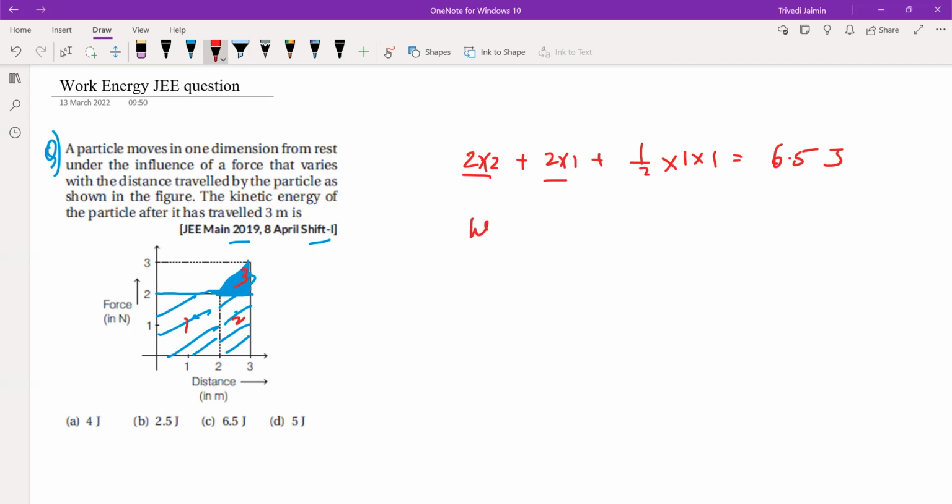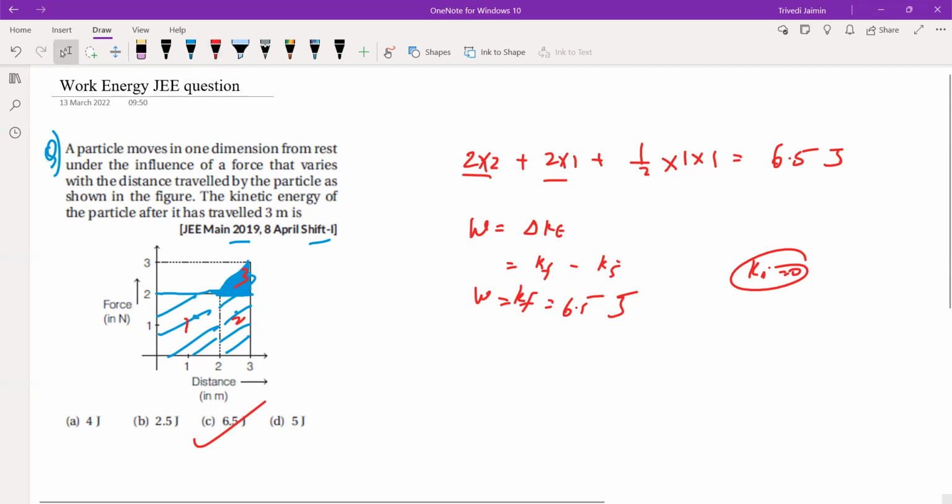Okay, so work done equals change in kinetic energy, so K final minus K initial. K initial is 0, therefore K final is the work done, which is 6.5, which is our option C. That's it, easy. So let me choose another one.